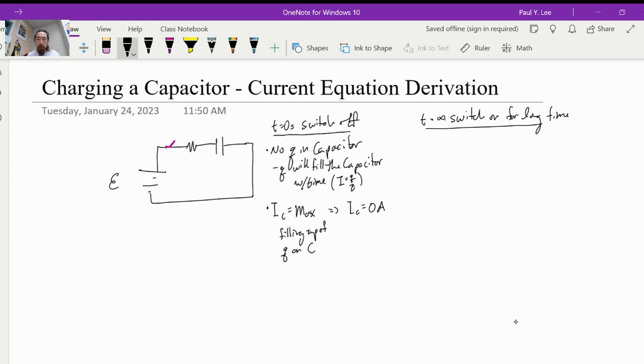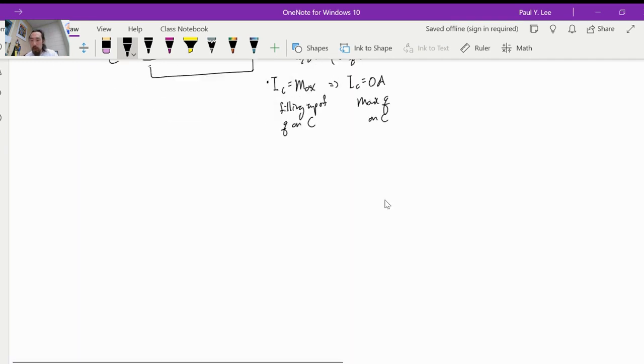We're filling it up, filling it up. Here we have max Q on the capacitor. This is where the switch has been on for a very long time. If you can no longer put charges on the capacitor, there are no more charges per time, and therefore there is no more current.